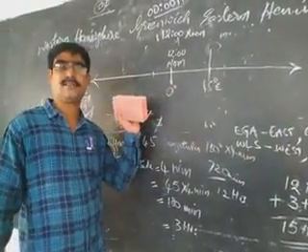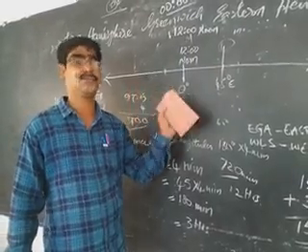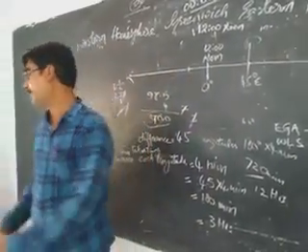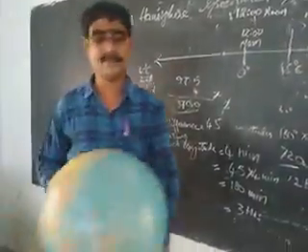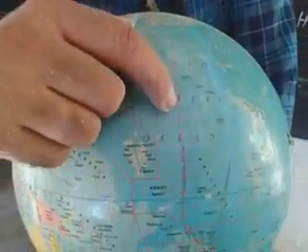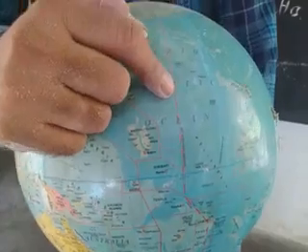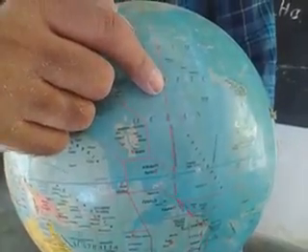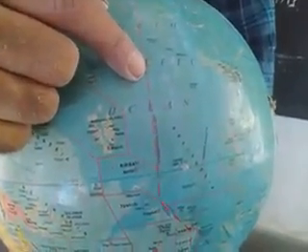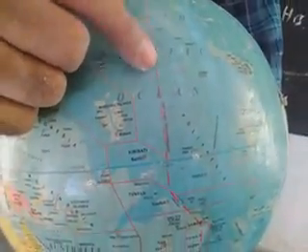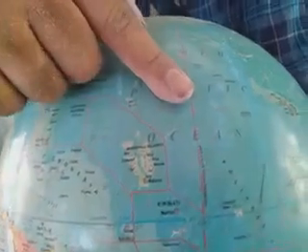When you come towards the west, the time loses. Sometimes there is a difference in timings. See here, we have taken this one as the base, the international date line, also called the anti-meridian. 180 degrees longitude is also called the anti-meridian or international date line.